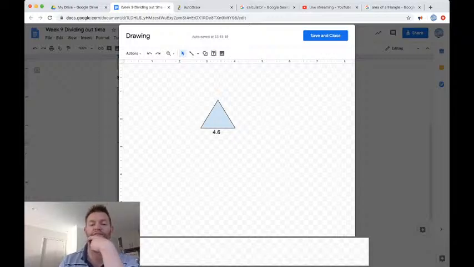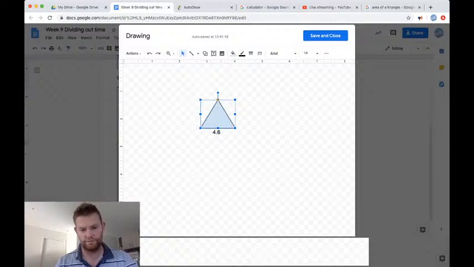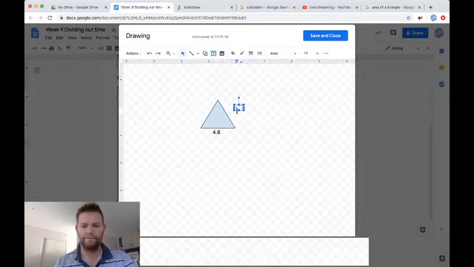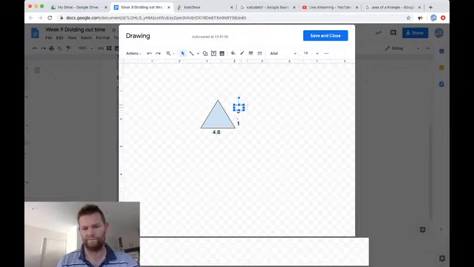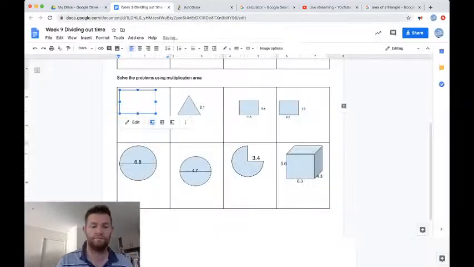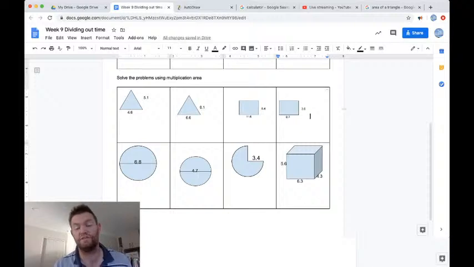I think the fact that I'm streaming at the same time has made it rather slow. Text box, come on. 5.1. So that problem is now completely different, but exactly the same process.